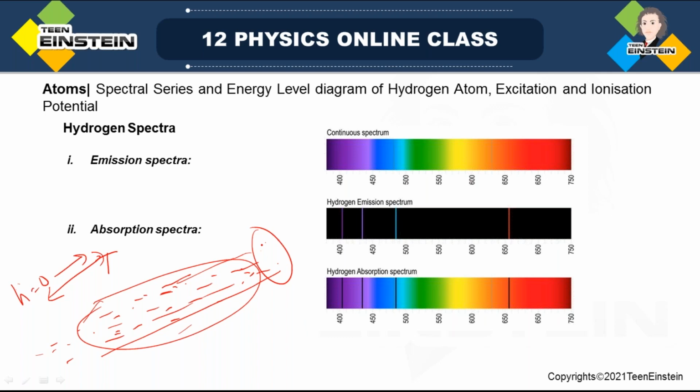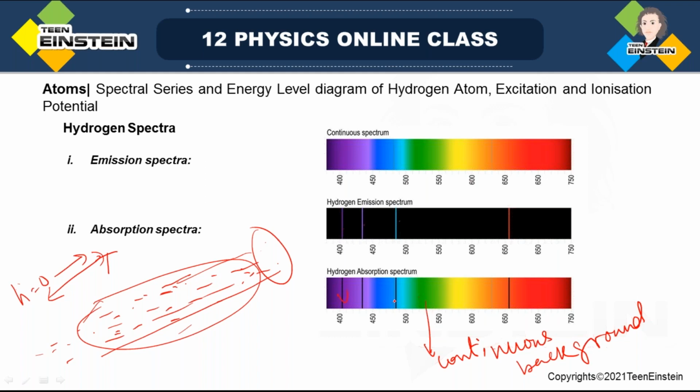In the bright continuous background, you will see some black lines exactly at the positions where we see emission lines also.